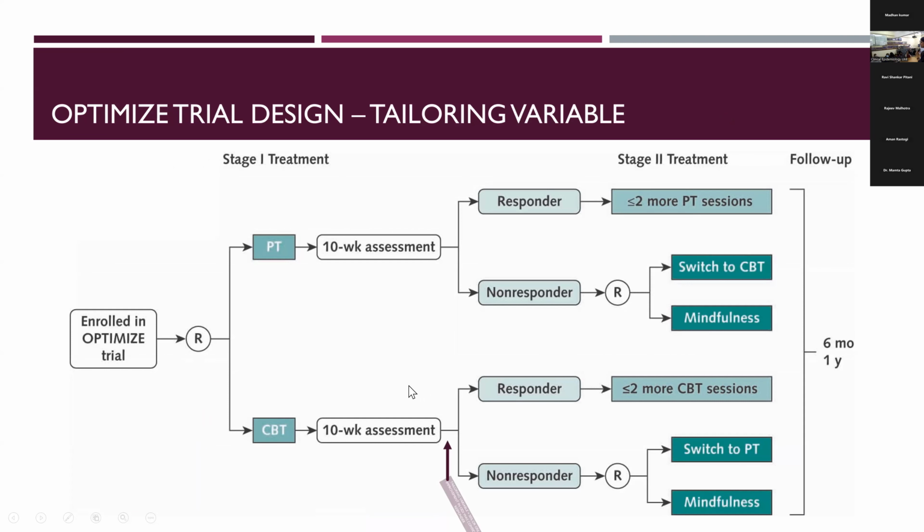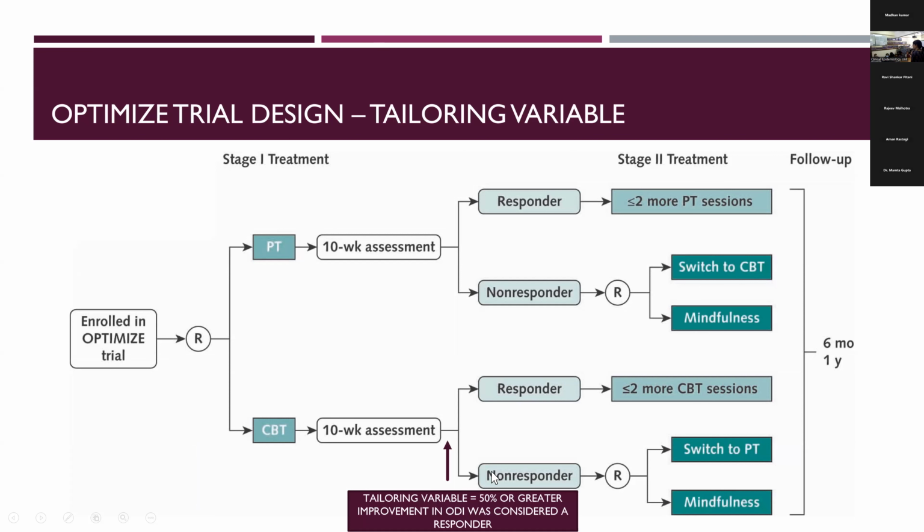At this point we said that 50% or greater improvement in the Oswestry Disability Index, abbreviated as ODI, is the criterion. It's a disability index for lower back pain that has multiple questions about sleeping, ability to do daily activities, driving, etc. So they said that if you have 50% or greater improvement from baseline ODI score, you are considered a responder.